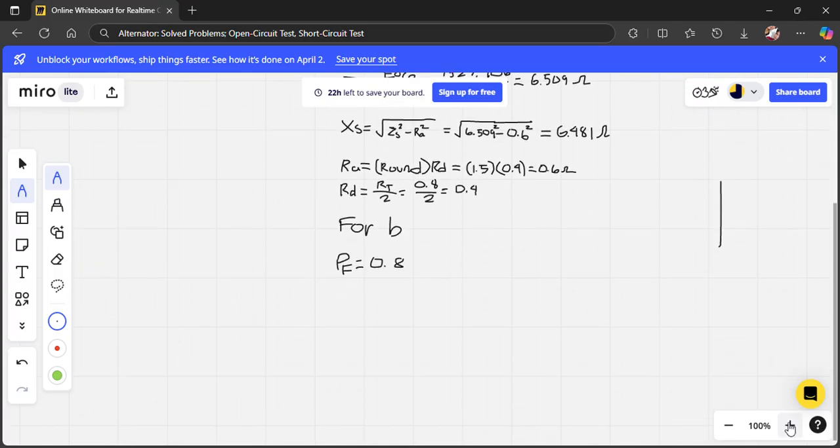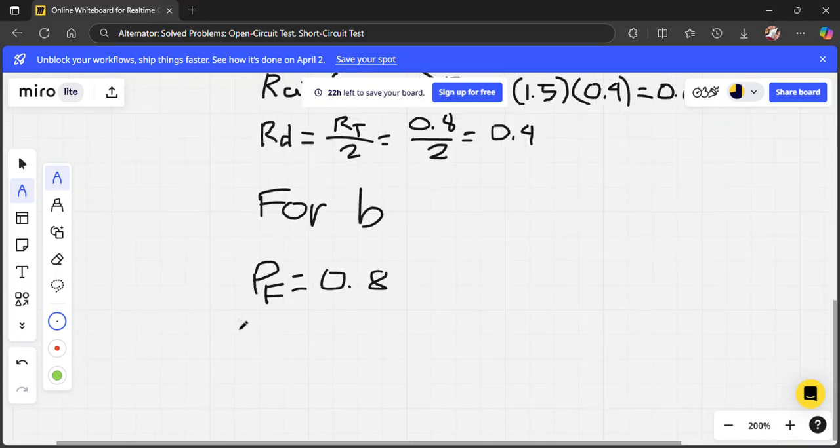Yes, 0.8. And we can get the angle by inverse cos of 0.8, right?